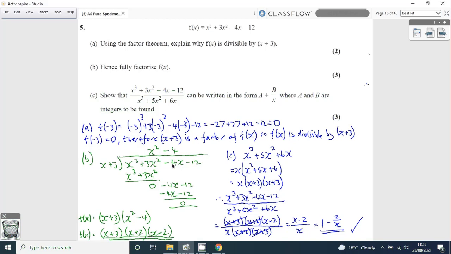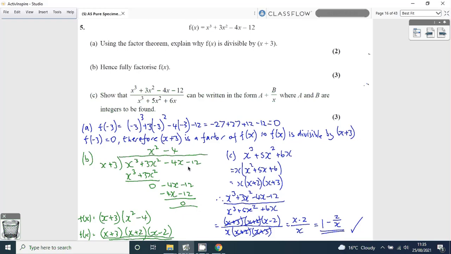Minus 4 times what times x gives me minus 4x, and that is indeed minus 4. Minus 4 times x is minus 4x, minus 4 times 3 is minus 12. Taking that away, we get 0 as a remainder, which we would expect because x plus 3 is a factor.